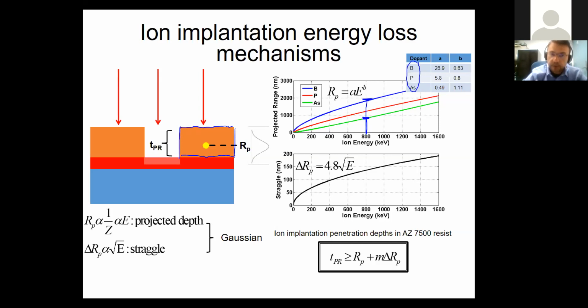It's not the super good way of doing it because it's a polymer, but if you ion implant from the top, and if your boron is lightweight, it can penetrate all the way down, then that defeats the purpose. So you need to design your photoresist thickness thick enough to actually stop these ions penetrating all the way to the bottom.